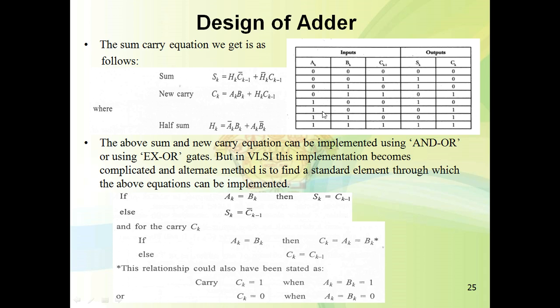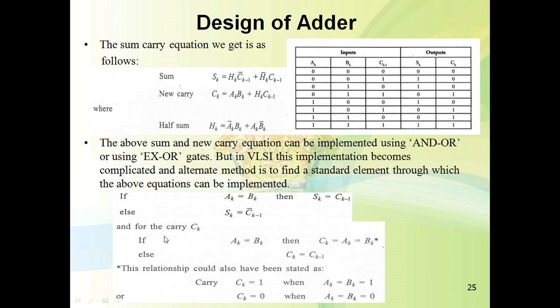Likewise ak is equal to 1, bk is equal to 0 and ck minus 1 is equal to 0, then you will get sum is equal to complement of ck minus 1, that is equal to 1. So here sk is the complement of ck minus 1, it is 1, so sum is equal to 1.